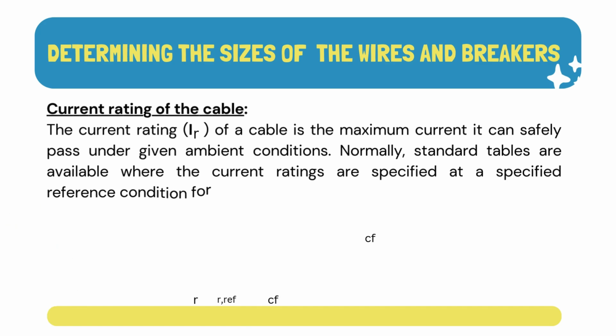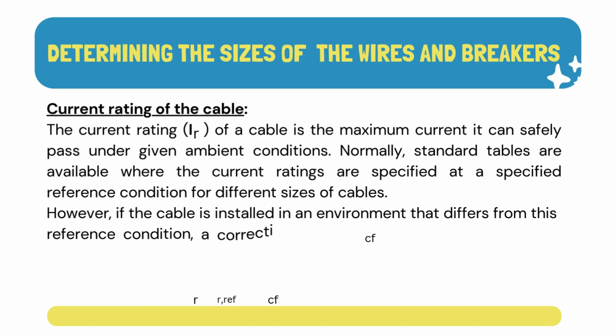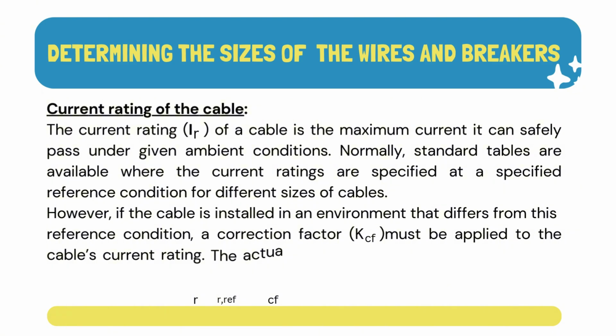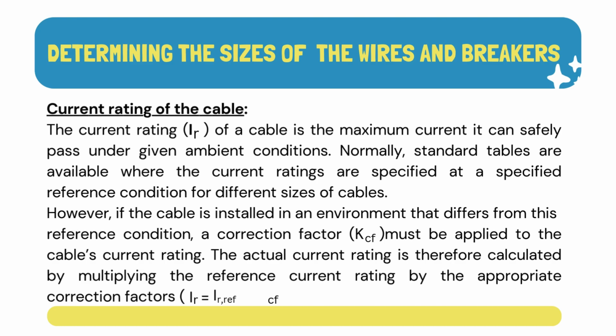Standard tables are available where the current ratings are specified at a reference condition for different sizes of cables. However, if the cable is installed in an environment that differs from the reference condition, a correction factor must be applied to the cable's current rating.